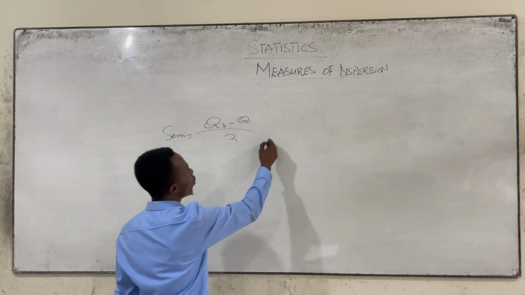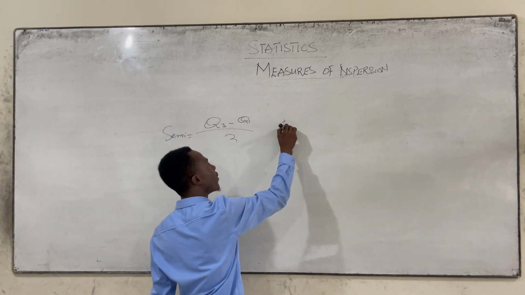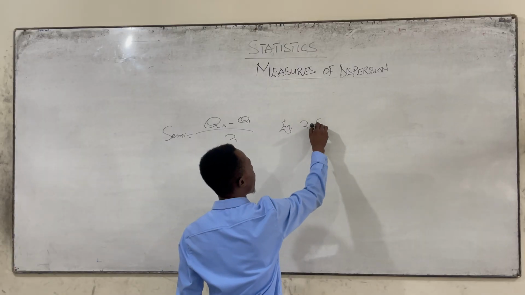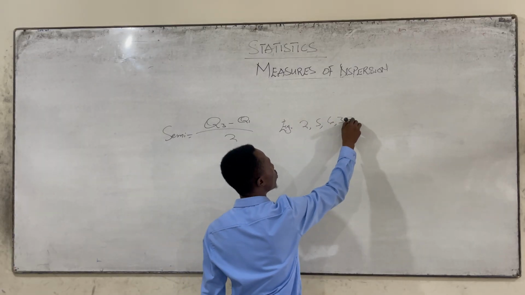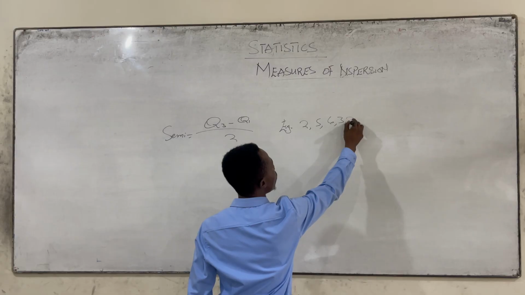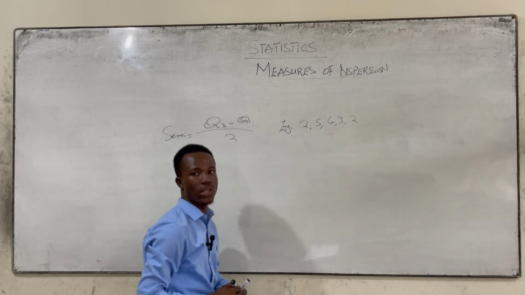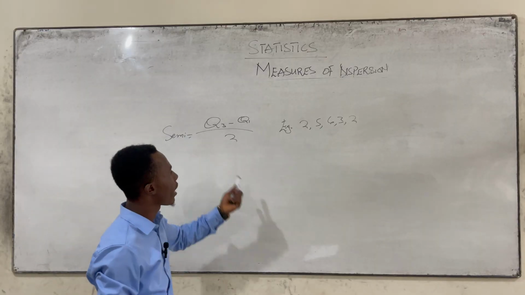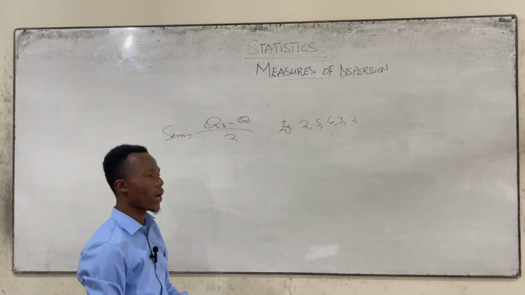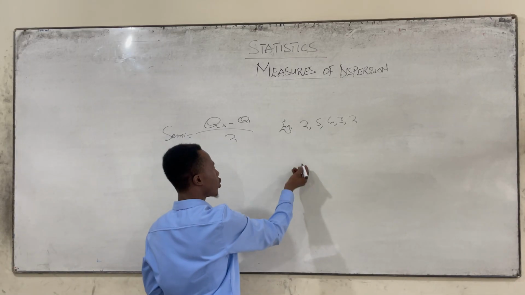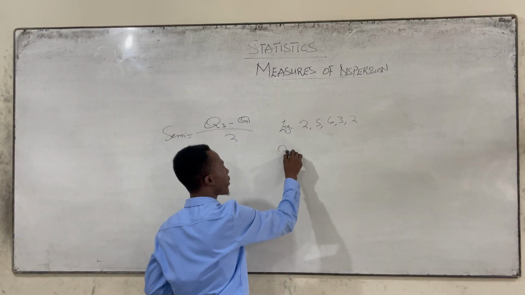Here, assuming you have a data set 2, 5, 6, 3, 2, and you are asked to calculate the interquartile range, that is Q3 minus Q1. First, you have to calculate your Q3.